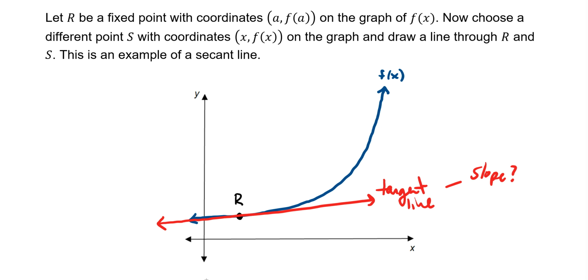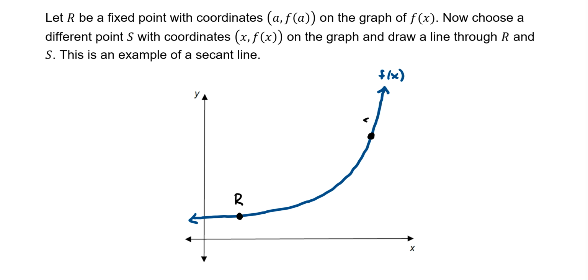To do that, what we're going to be doing is creating a secant line first. So let's keep point R as point R, and let's create another point, which I'm going to call point S. So let's create a secant line through these 2 points. And the secant line would look something like this. So we could definitely figure out the slope of the secant line, right?